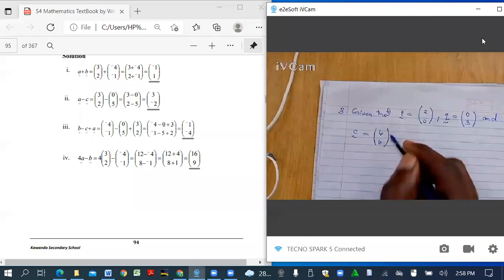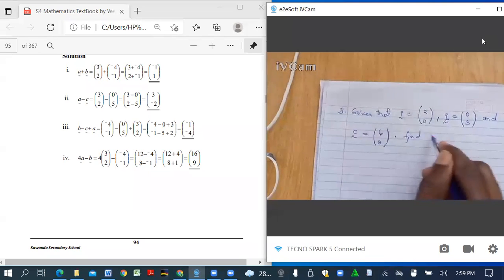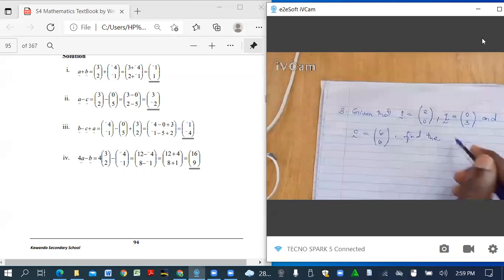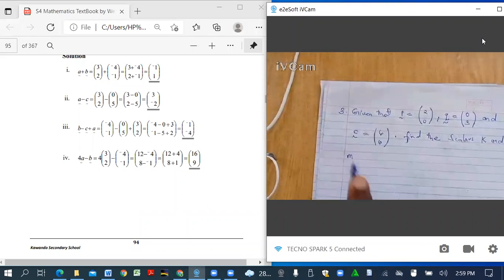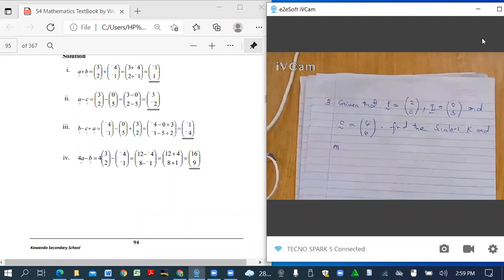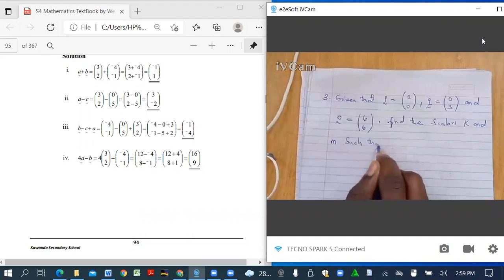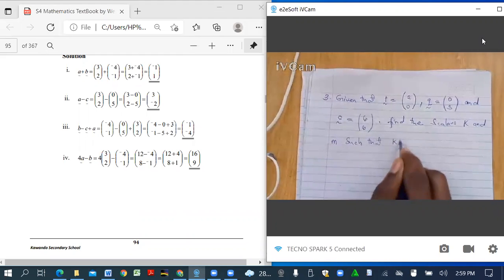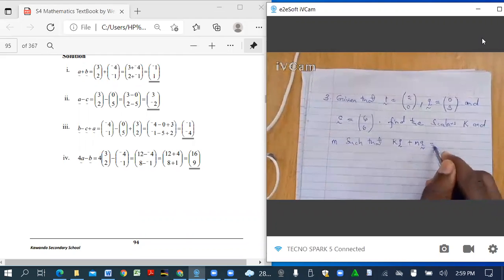Full stop. Find the scalars K and M, such that KP plus MQ equals to C.